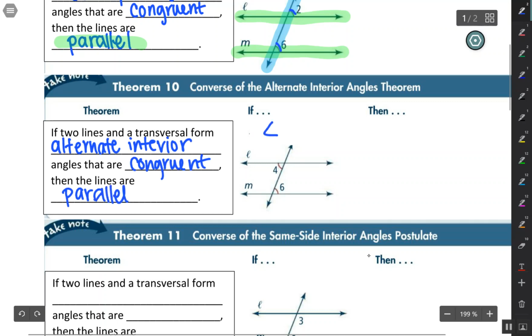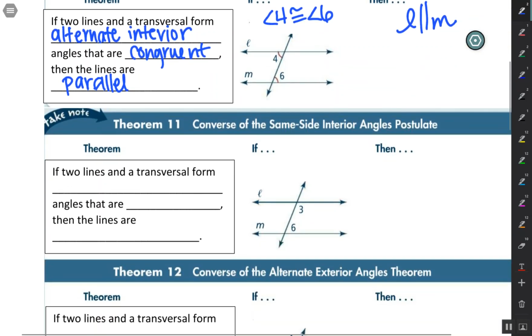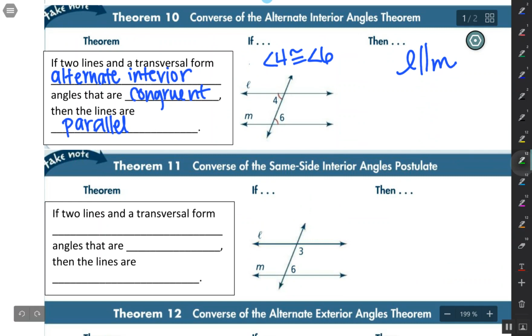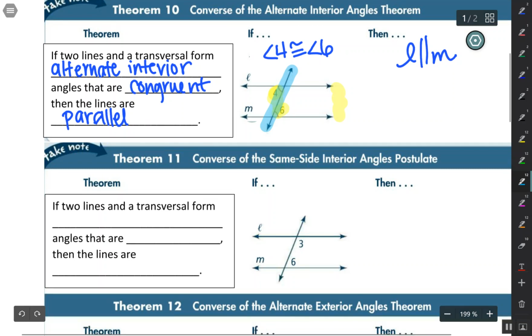Okay, so if angle 4 is congruent to angle 6, then line L is parallel to line M. Same idea. Remember that alternate interior angles are inside, in between the lines, and they alternate sides of the transversal, which is this line, so they're on opposite sides.